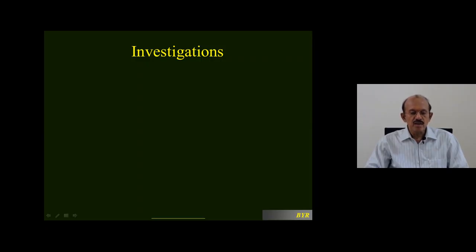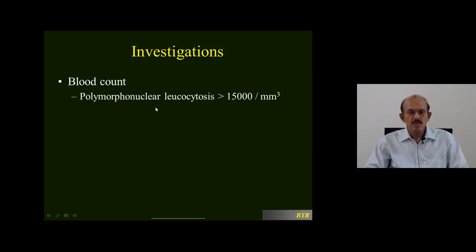In acute appendicitis also you do these investigations, and whenever you suspect some organic inflammation, you must always do the total count also. In the blood count, polymorphonuclear leukocytosis will be there, more than 15,000 per cubic millimeter.